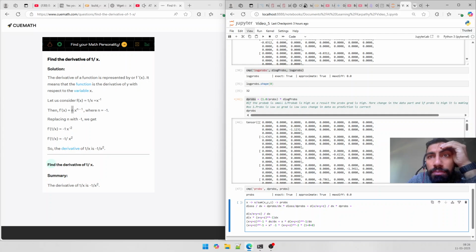If we have to simplify, this will be 1 by sum, minus, if I take the minus 1 right now, x divided by the sum square.